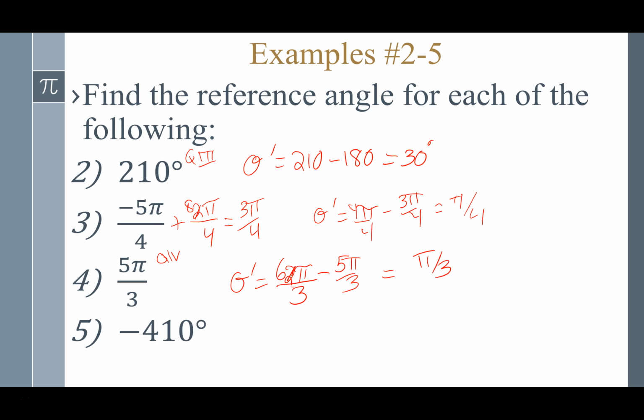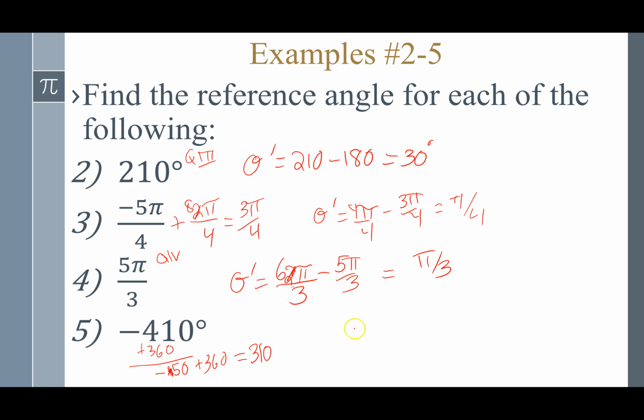And then finally, 410 degrees, well, it's negative. So again, we need to find its positive coterminal angle. So we add 360. We get negative 150. That's still negative, so we have to add 360 again. Well, sorry, it's negative 410, so adding 360 gives negative 50. That's my mistake. We add 360 again, we get 310.